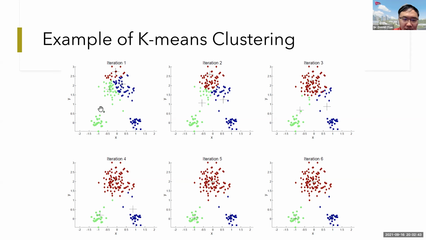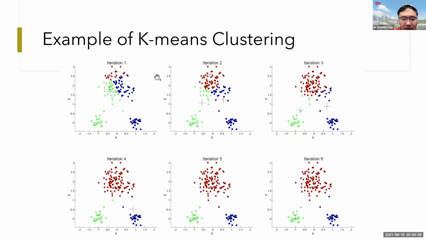The green cluster's centroid will move towards the left bottom direction, and the centroid in the dark blue cluster will move towards the right bottom. And the red cluster will not move too much.